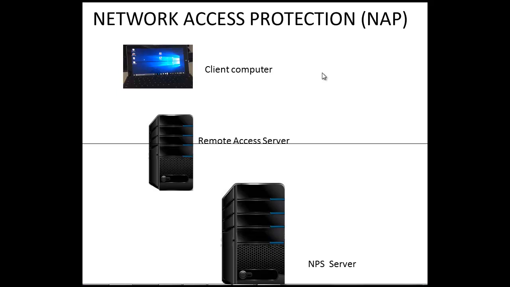Network Access Protection is a technology that allows you to restrict network access based on the client's health. So you have your client computer here, and the client computer wants to access your network remotely.